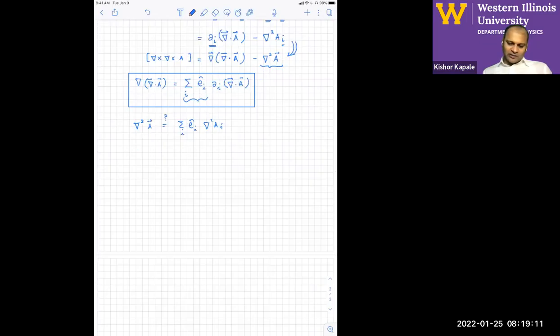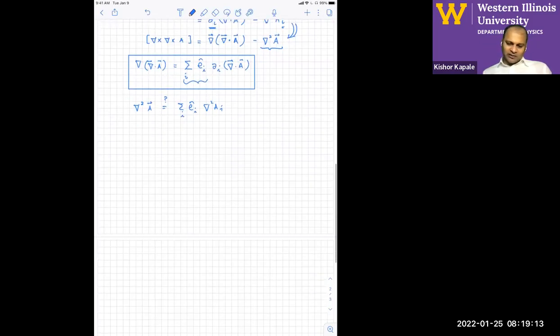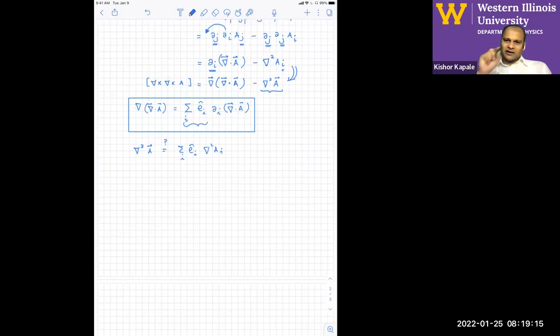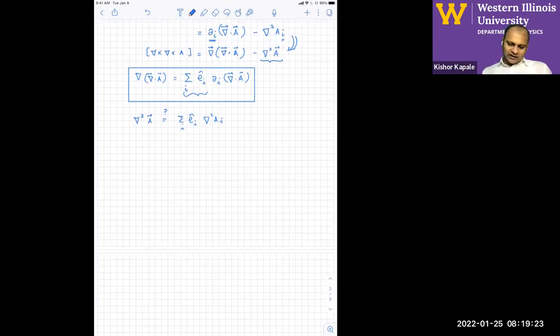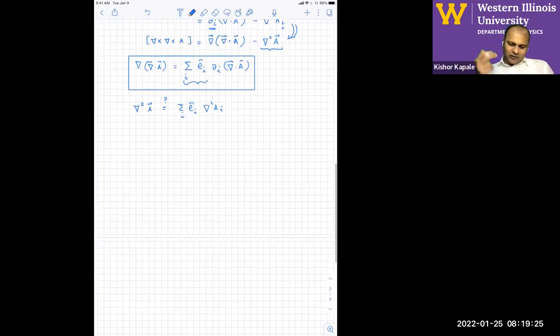We need to check because there is no guarantee, because the AI is not a vector component by itself. It is actually getting differentiated, right? So after differentiation, you don't always know that the linearity will survive, right? We of course know the linearity survives, but this is a special case which is true only in the Cartesian coordinate system, and you will see why it's not true in the other coordinate systems.